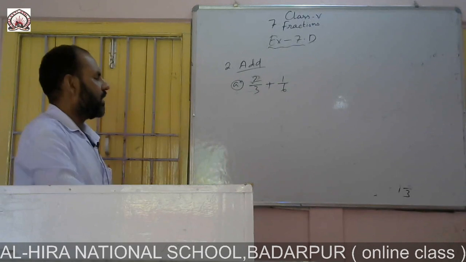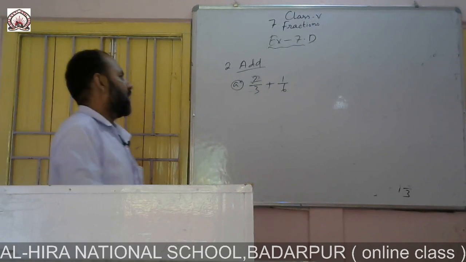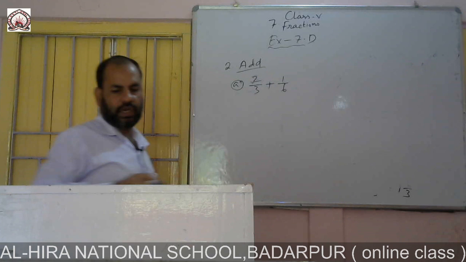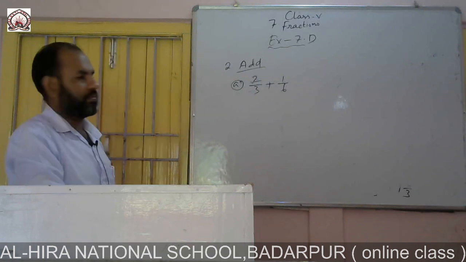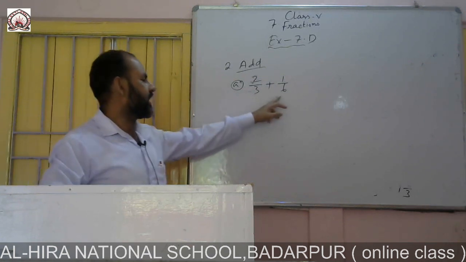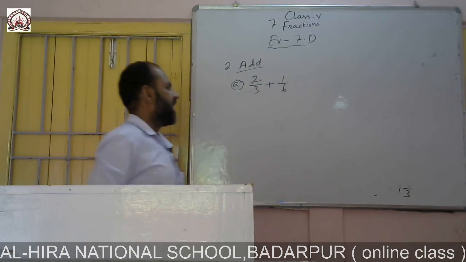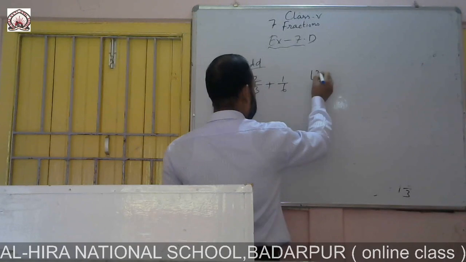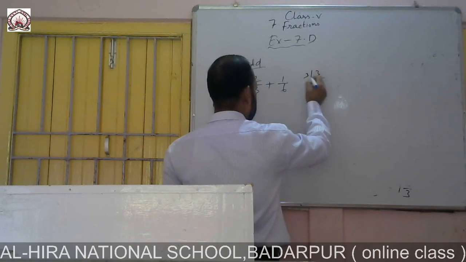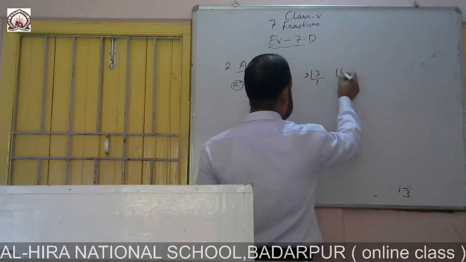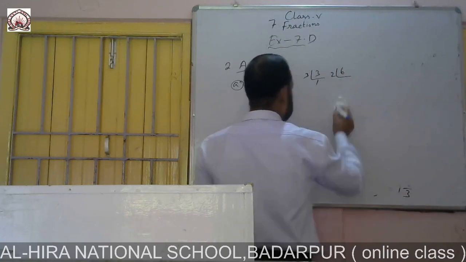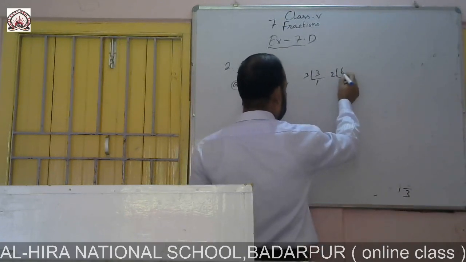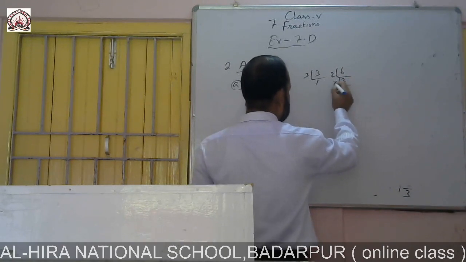denominators are not the same. So in the last chapter we learned how to take out the LCM. Here we take the LCM of 3 and 6. 3 is a prime number, 3 ones are 3. And 6 is an even number, divide by 2: 2 threes are 6, 3 ones are 3.